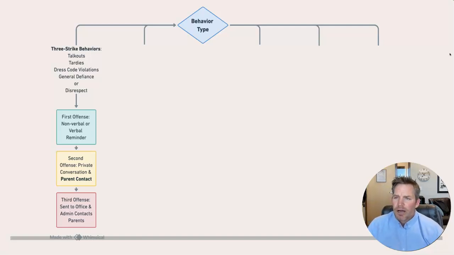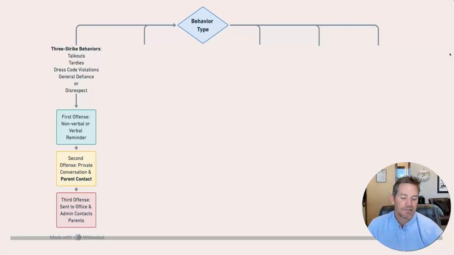So, on any of these three strike behaviors, whether it's talkouts or gum or whatever, on the first offense, we should give them some sort of nonverbal or verbal warning. Some teachers will walk up next to the student, use proximity, give them the teacher look. Others will tap the desk of the student as a warning. There's a million ways we can give that first warning.